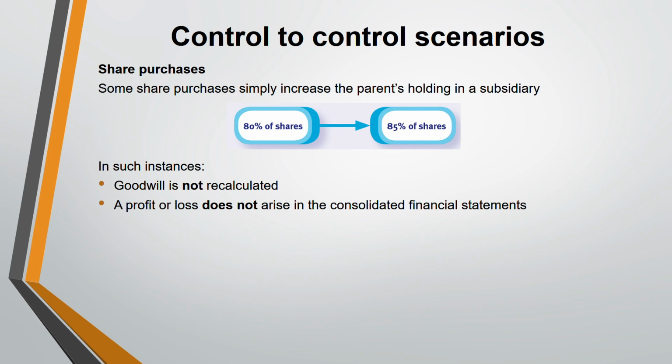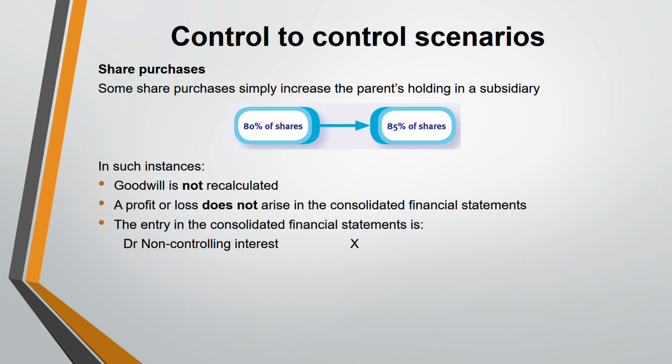NCI reduced and your shareholding increased. That's it. So how are you going to account for this entry? Debit NCI and credit cash, because you have to pay cash to purchase that. Your NCI will reduce, it will fall. Before you were having 20% NCI, now you are having 15% NCI. And credit or debit other components of equity. It is taken from other components of equity. You understand?